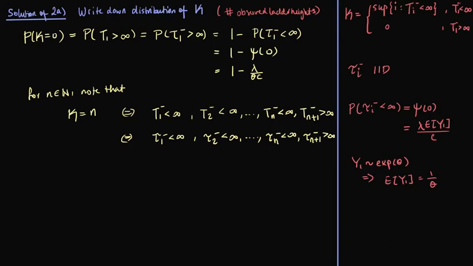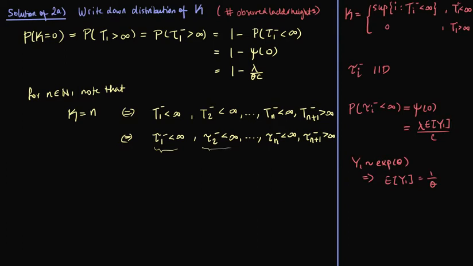The nice thing here is we have now written up the event that k is equal to n in terms of the intersection of multiple events, where each of these events are independent of each other, since the inter-ladder height times are IID. And we also know the distribution of each of these.